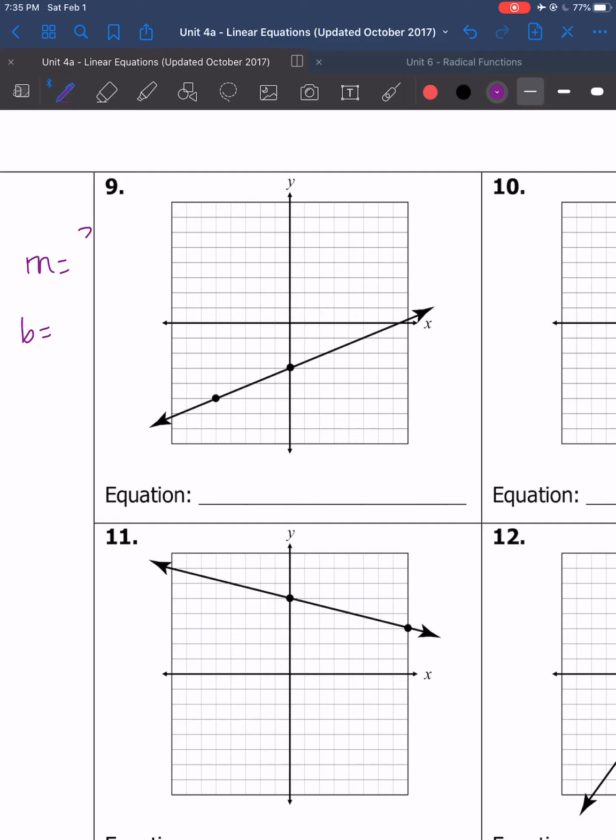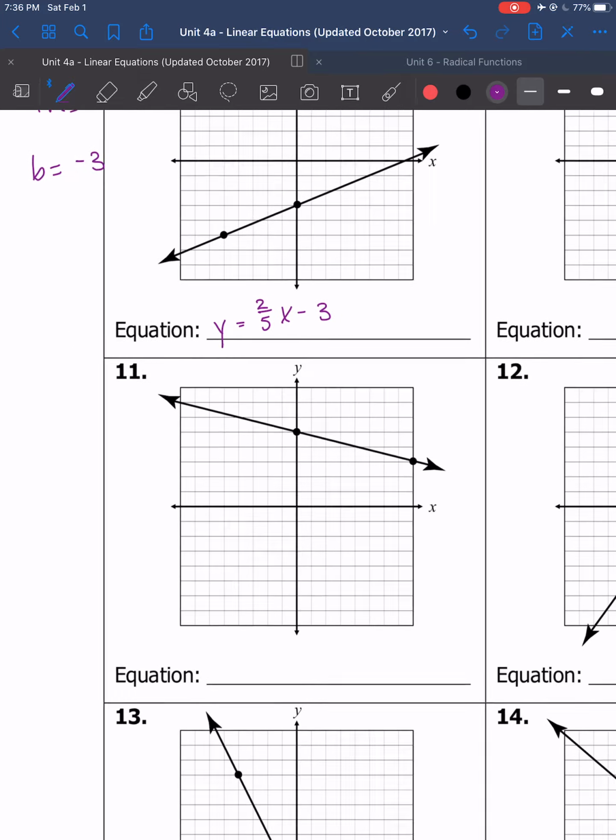So 2 over 5 is my slope. And my y-intercept is this point right here, negative 3. I don't care about the 0; I just care about the number that it intersects on the y-axis. So y equals 2/5 x minus 3.